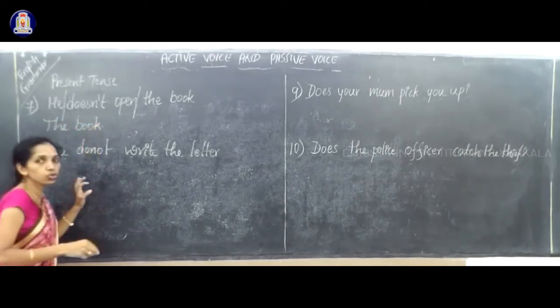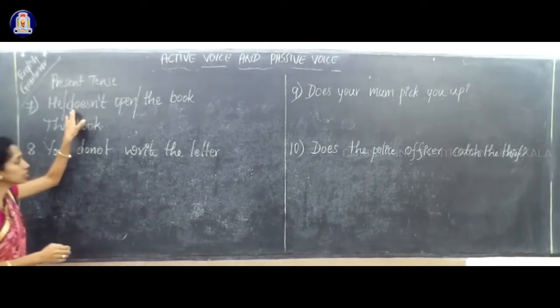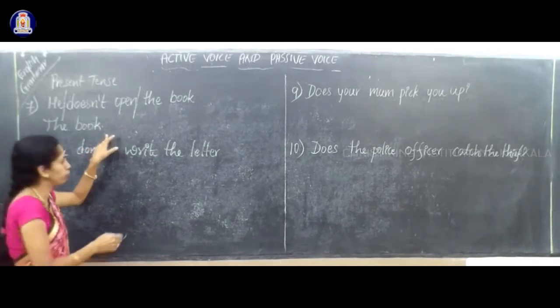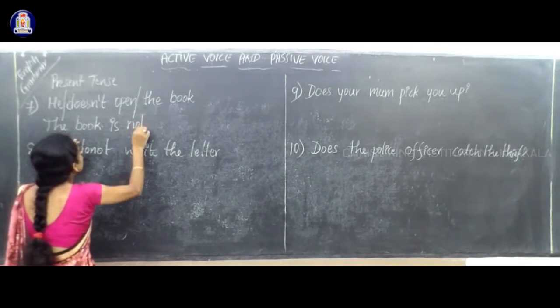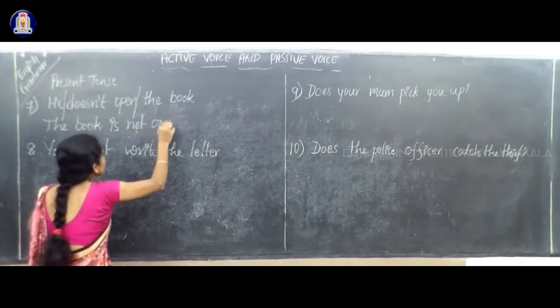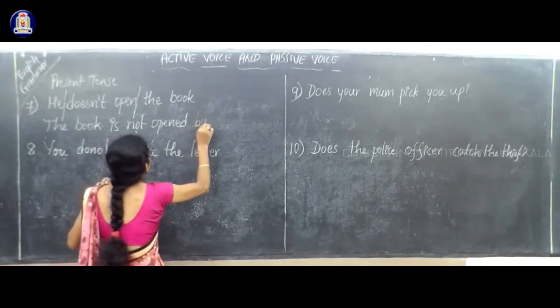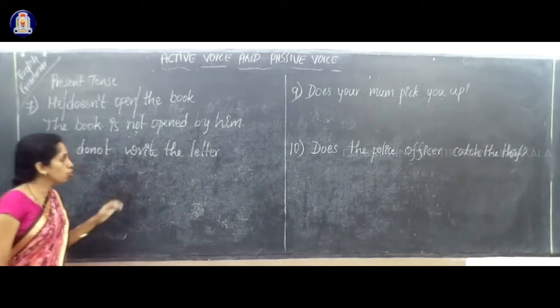Here what do we have to use? We have to use the helping verb, right? So here we cannot use this doesn't in the sentence. We have to use the be form itself. So the book is not opened. The book is not opened by him.